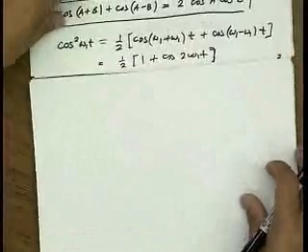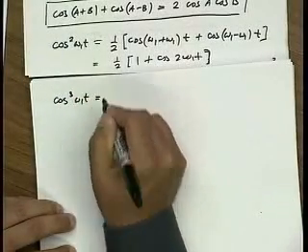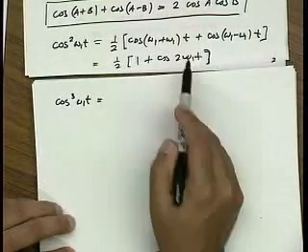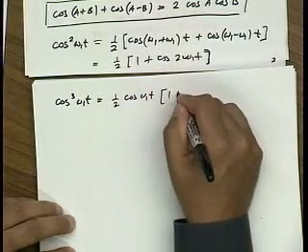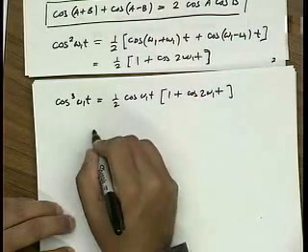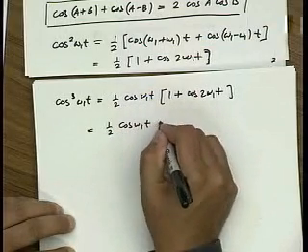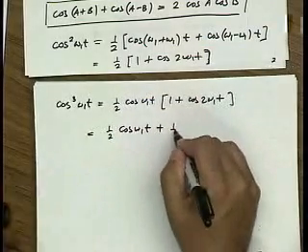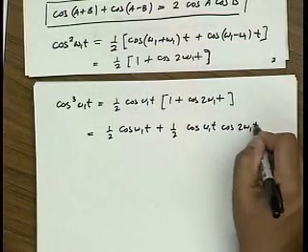So, for instance, look at cosine cubed. If I want to take cosine cubed, I can just multiply this expression by cosine omega 1t, and the first term just gives me 1/2 cosine omega 1t, and then I have 1/2 cosine omega 1t cosine 2 omega 1t.